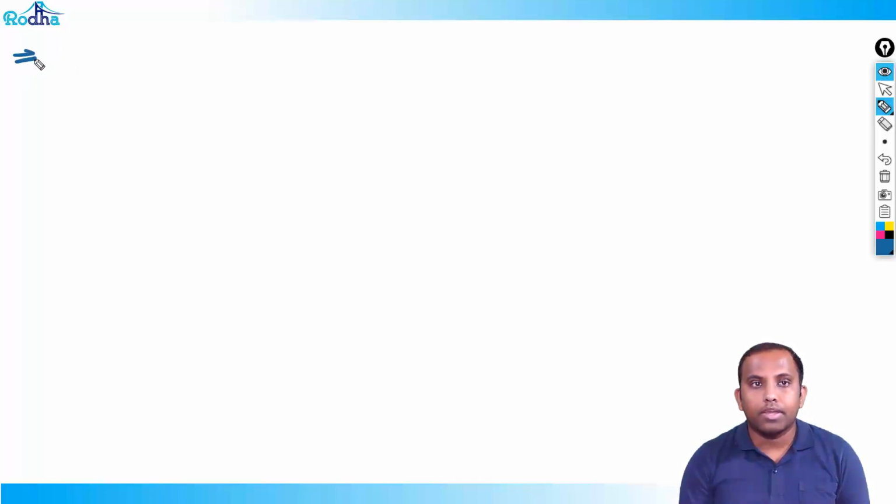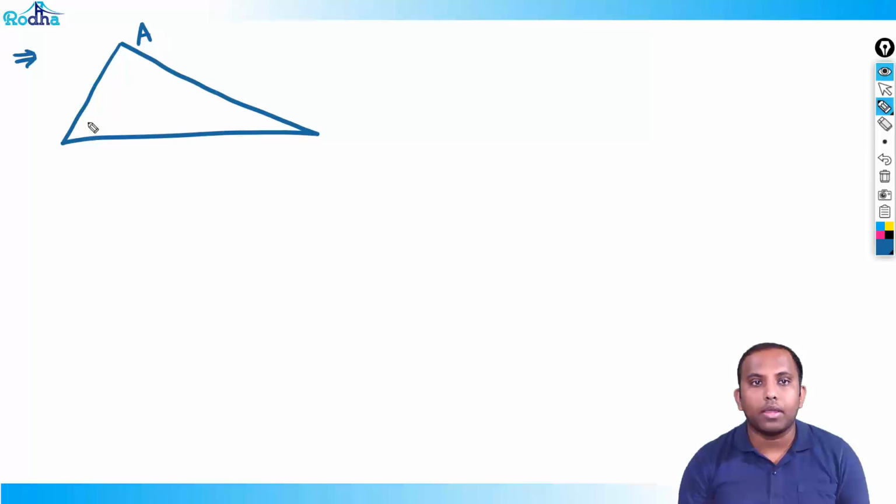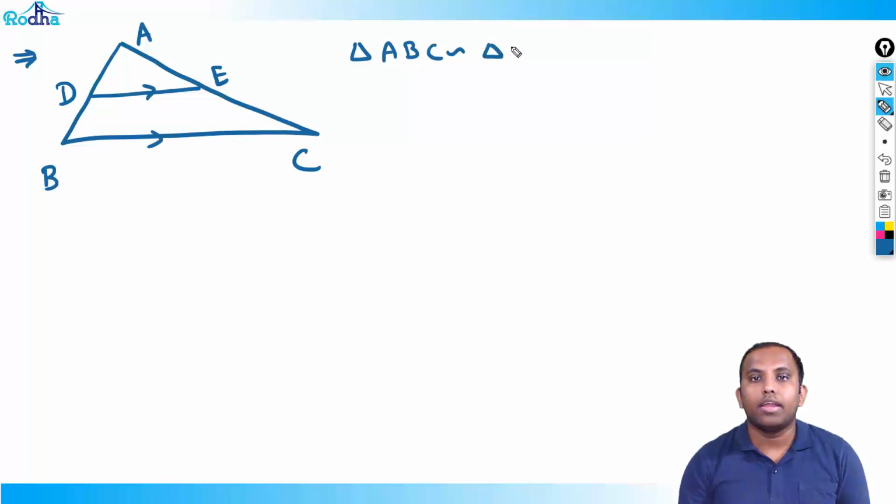See, I'm making that diagram again: this triangle ABC, and BC is parallel to DE. So by now we know that triangle ABC is similar to triangle ADE. Why is it similar?